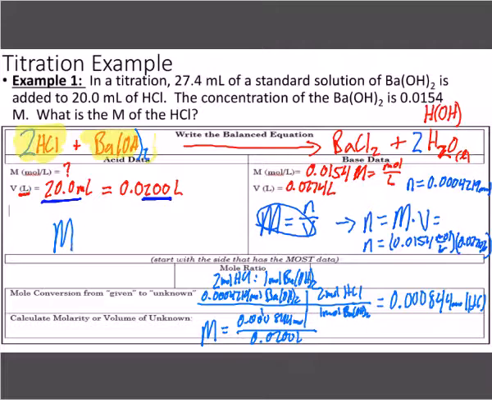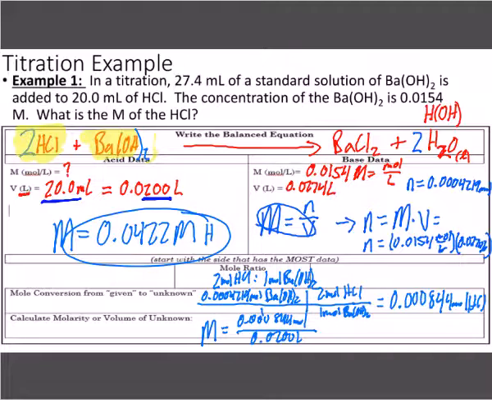So the molarity of our unknown acid, go ahead and do the math. What do we get? 0.0422 molar, guys. HCl.